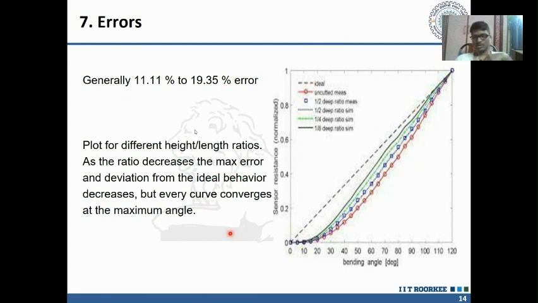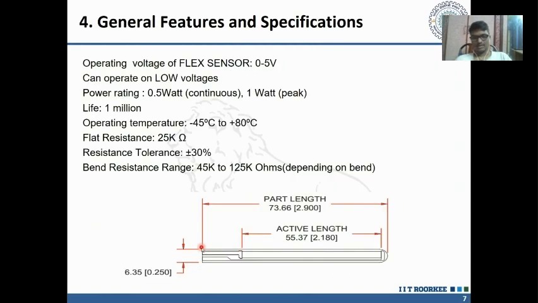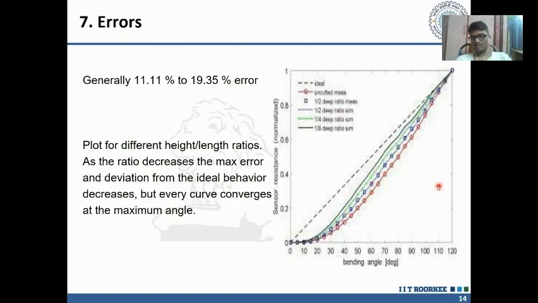But there's a plot showing the height by length ratio. Here the length is this part, the active length, and the height is this part. The height by length ratio is plotted here. For different height by length ratios, we are plotting the data like sensor resistance and bending angle.